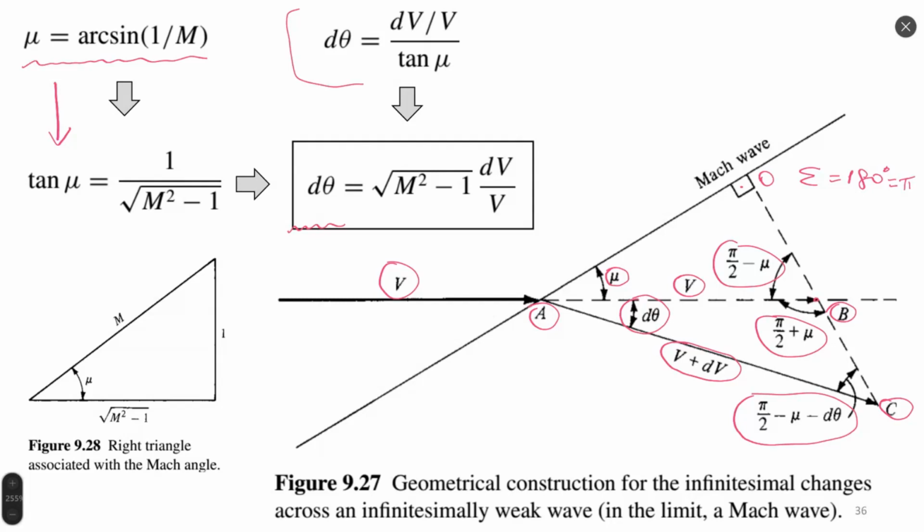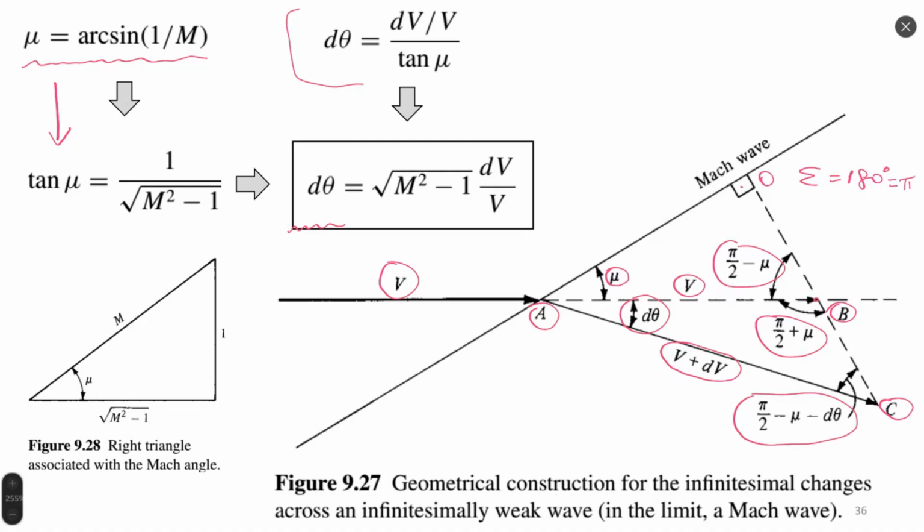We can see that on the left and on the right side we have differentials, and such an equation can be solved by integrating the left and right sides. The left side of the equation tells us how the angle of the body changes, right? When we integrate, we can change the body into some finite angle. And the right side of this equation will tell us how velocity will change due to the change of this angle.